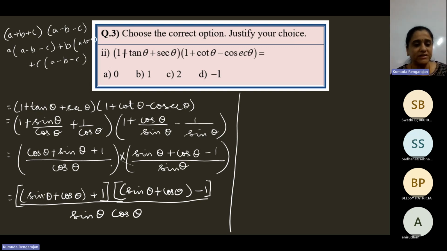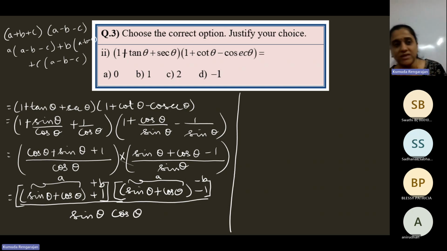Sin theta plus cos theta in a bracket plus 1, then sin theta plus cos theta in a bracket minus 1. So this is a plus b, and this is a minus b.